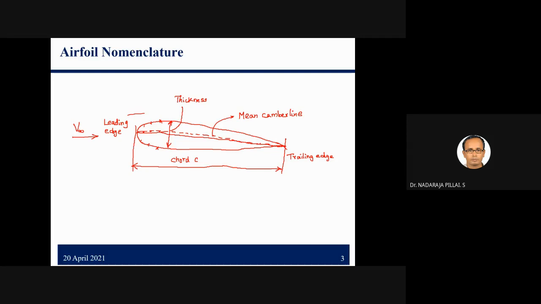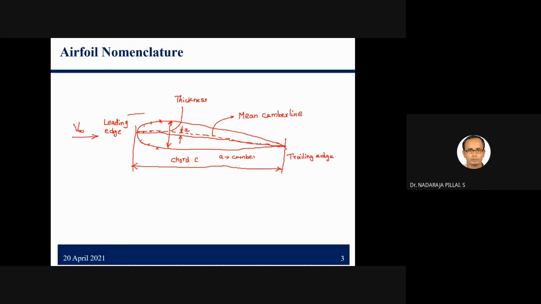So the maximum distance between the mean camber line and the chord line is called camber. I mark this as A, and A is the camber.